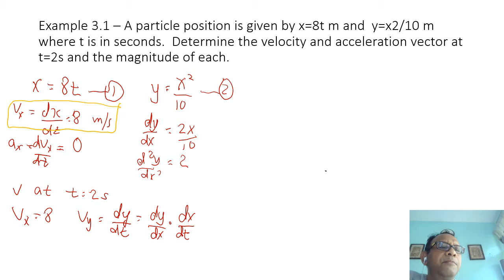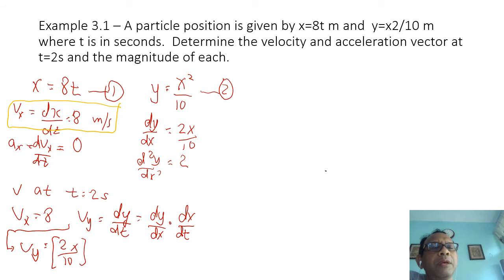Therefore vy equals dy over dx, which is 2x over 10, times dx over dt, which is 8.